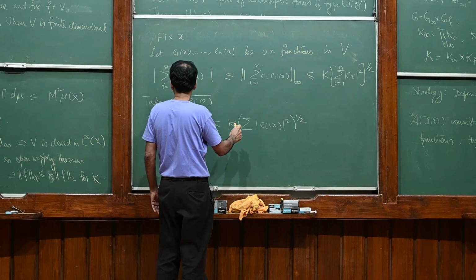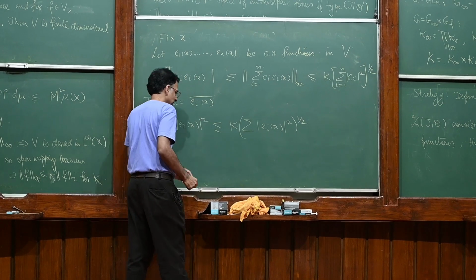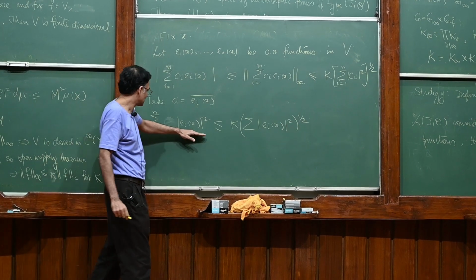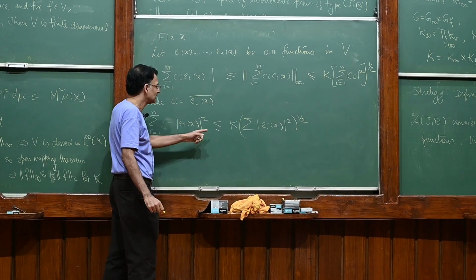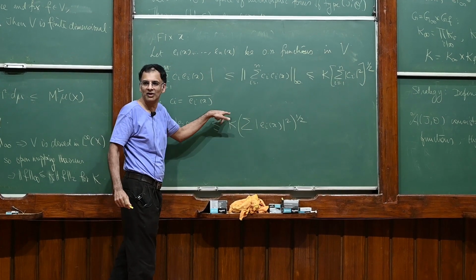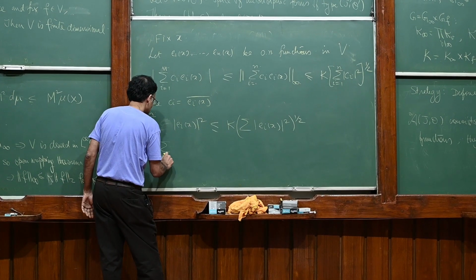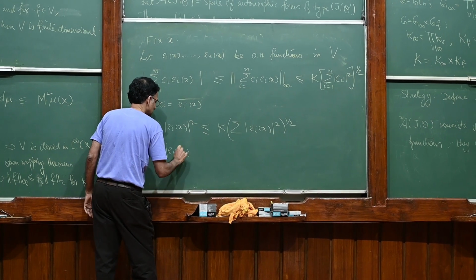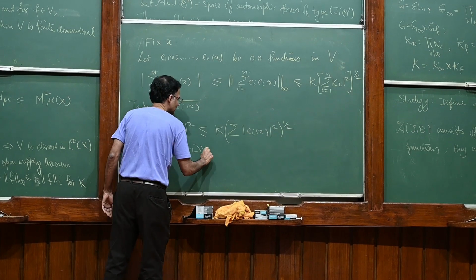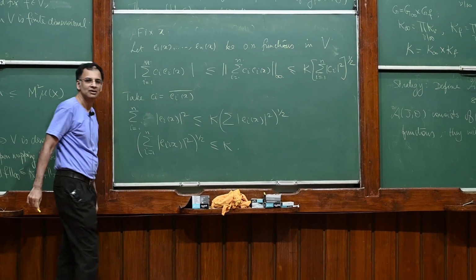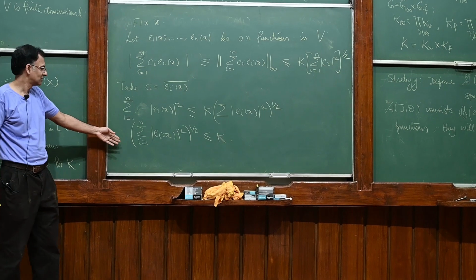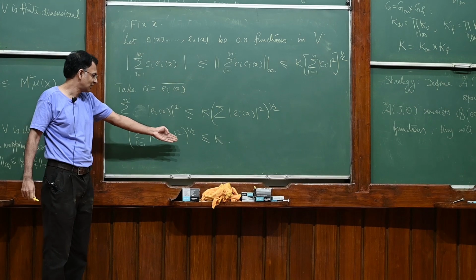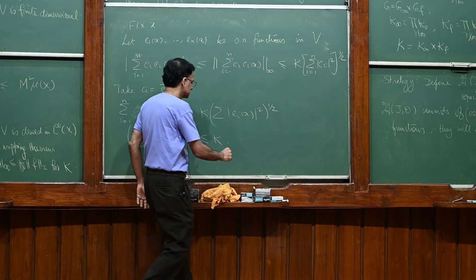There's no c_i here, since I've taken c_i to be this. Just substitute there. But now you can essentially cancel off one factor. So you're getting a bound like the summation from i equals 1 through n of |E_i(x)| squared, to the half, is less than or equal to K. Now integrate over x. These are orthonormal functions, so you're just going to get n. So integrating on x will give you n is less than K times mu of X.